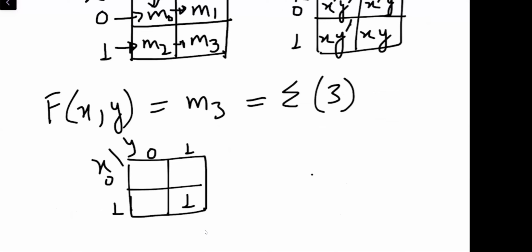So I have one only in this box, right? If I say I have a function of x y which is equal to x only, what does this mean? Anyone?